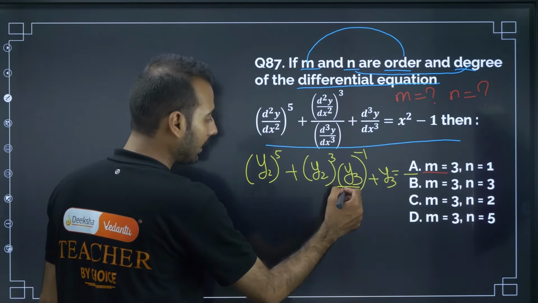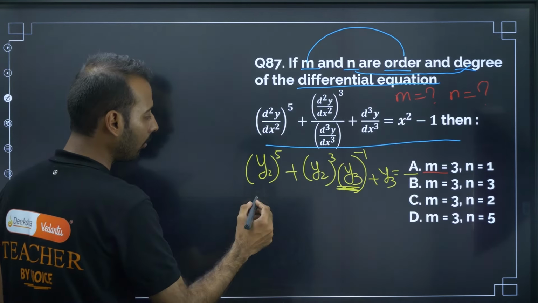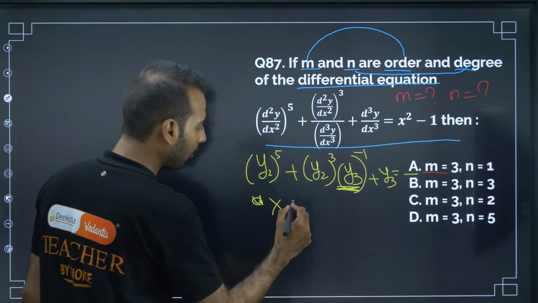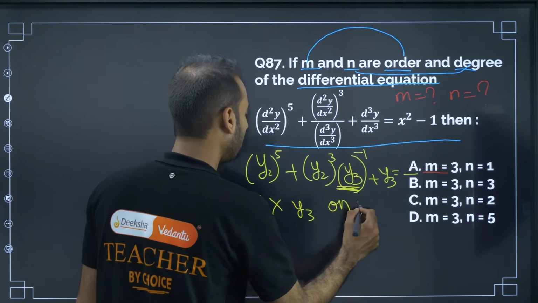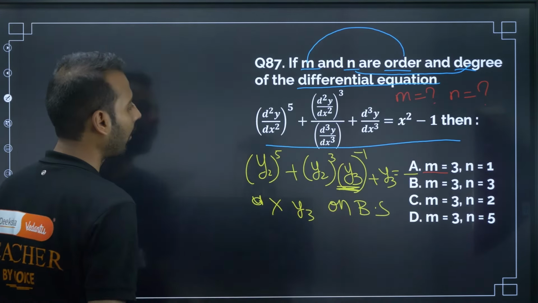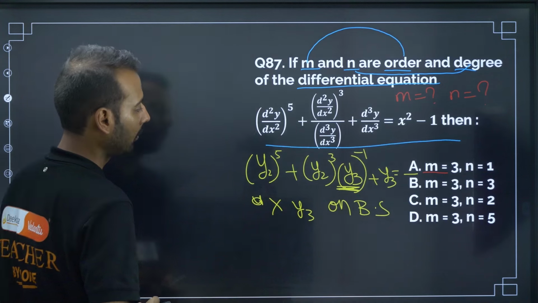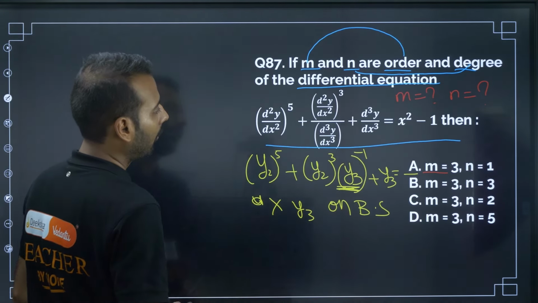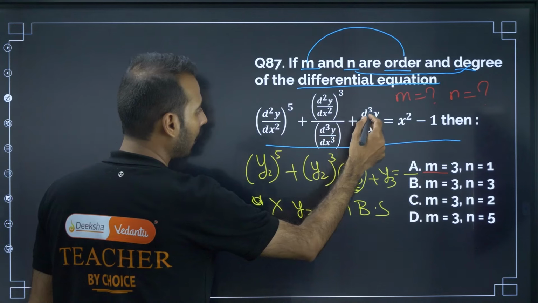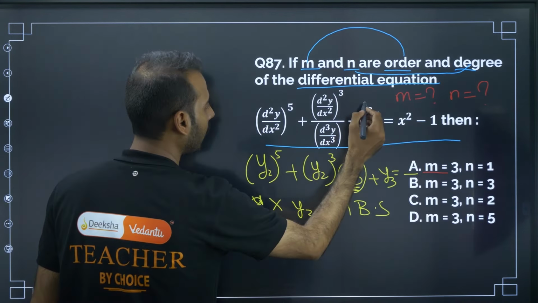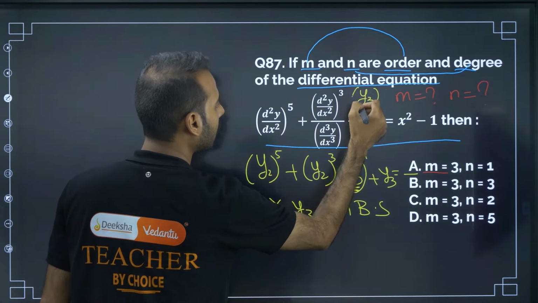So for this y3 with negative 1 power, I will multiply y3 on both sides. If I multiply y3 on both sides, this term becomes y3 square.